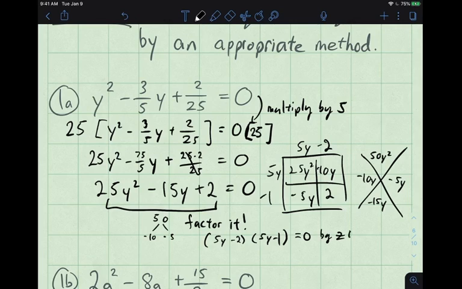By zero product property, 5y minus 2 equals 0 gives you the answer of 2/5. By zero product property once again, this gives you an answer of 1/5.